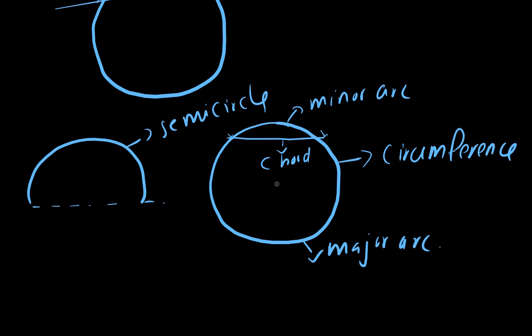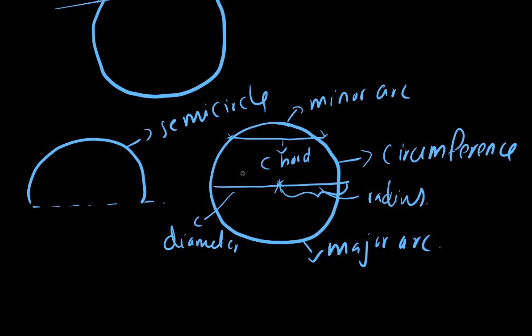Then diameter is a chord that passes through the center. This is diameter. Then half of diameter is radius, or it is a line connecting center and any point on the circumference. So this is radius. Then sector.